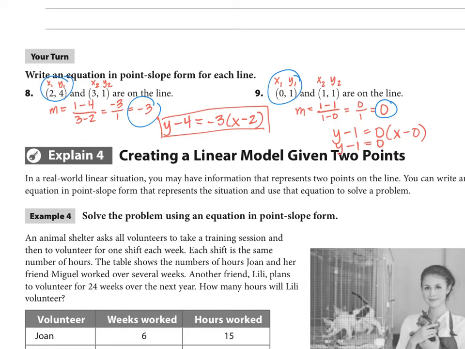So y equals 1 is actually a horizontal line at y equals 1. And you can try that out for yourself if you would like to see how that looks, because you will be expected to know how to graph horizontal and vertical lines, and they end up with slopes that are either 0 or undefined.